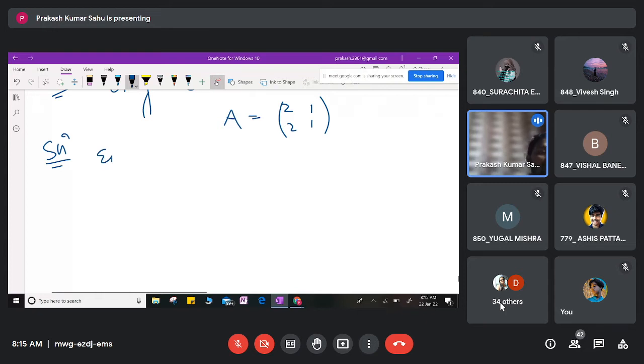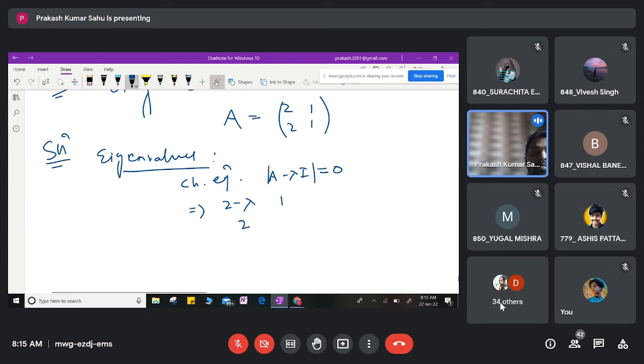So find the eigenvalues. The characteristic equation is determinant of A minus lambda I equal to 0. That implies the determinant of [[2 minus lambda, 1], [2, 1 minus lambda]] equal to 0.